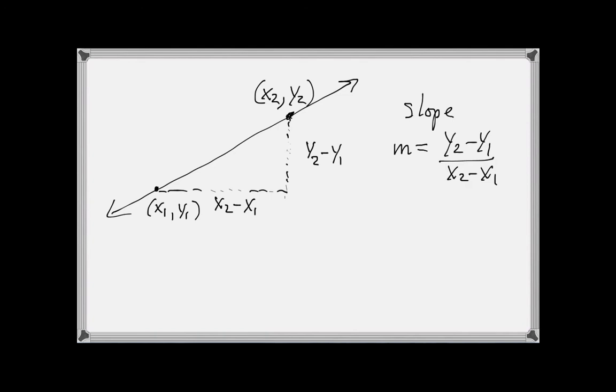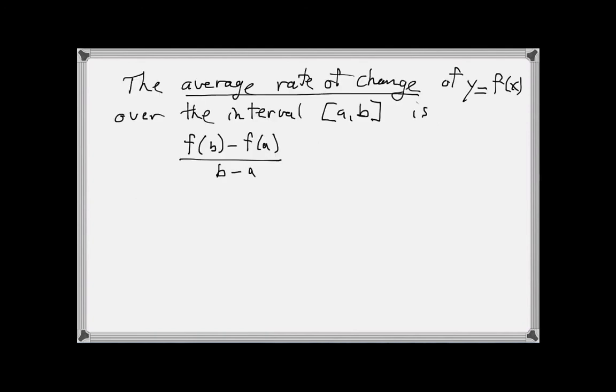So this formula, the slope formula, will work if you know at least 2 points that are on the line. But we shall see it's actually calculus that helps us find the slope of a line if we only know 1 point.